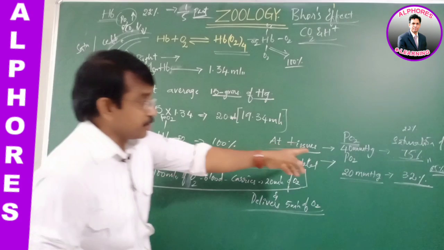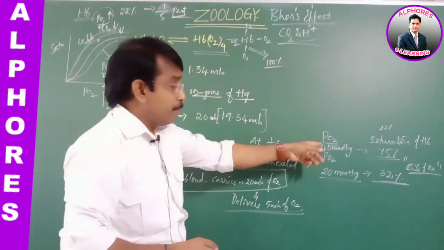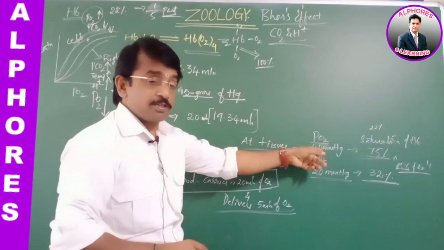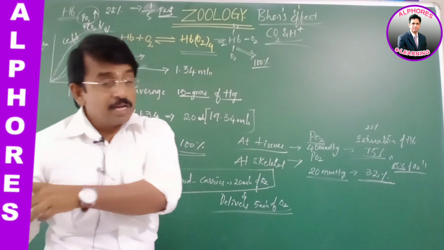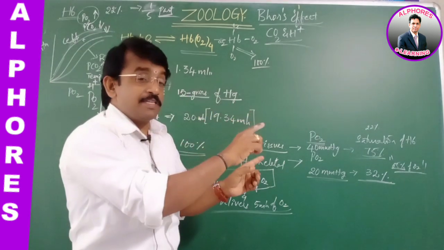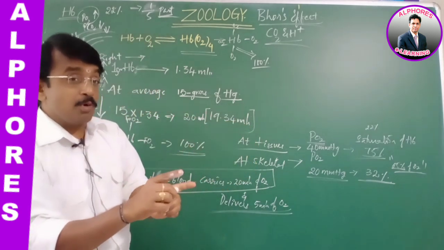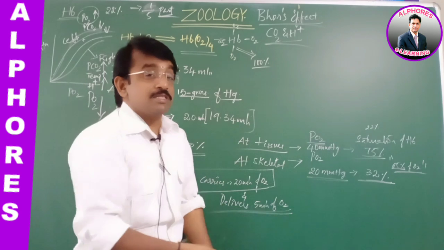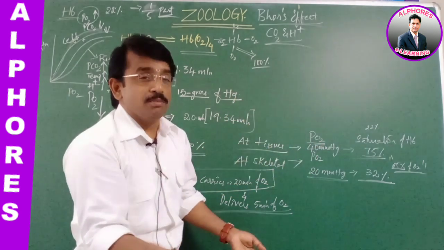So where the partial pressure of oxygen is low and partial pressure of carbon dioxide is more, oxygen dissociates from hemoglobin and is supplied to the tissues. At the lungs, at the respiratory surface, as the partial pressure of oxygen is more, oxygen diffuses into the blood and combines with hemoglobin and forms oxyhemoglobin.